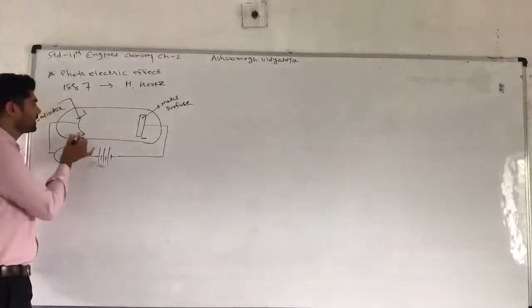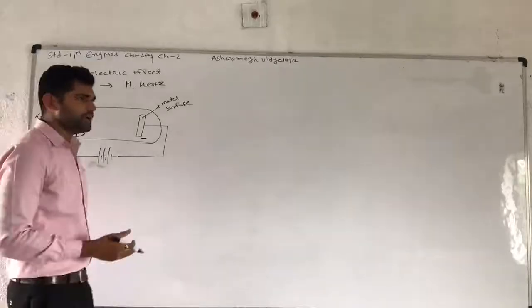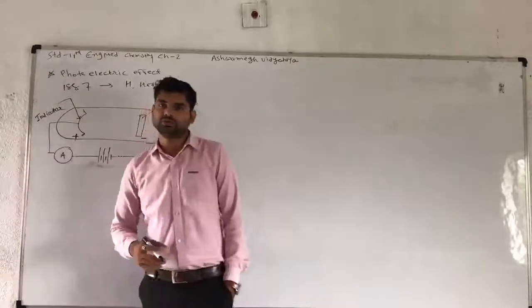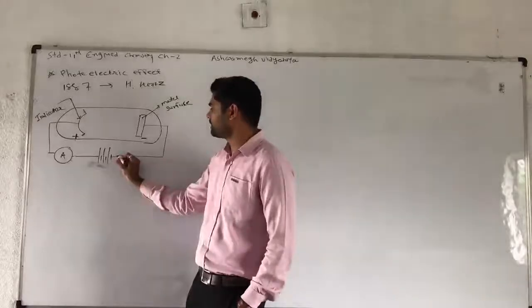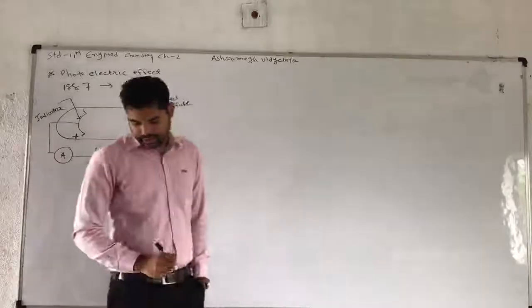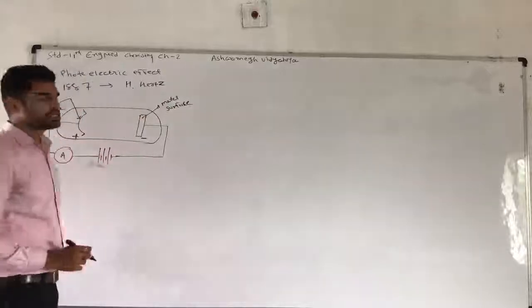Now the battery is in the on position, and a continuous flow of current can pass through the metal surface.